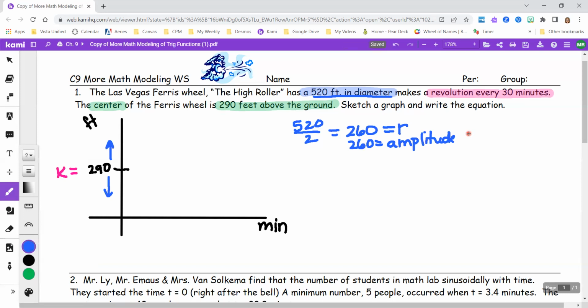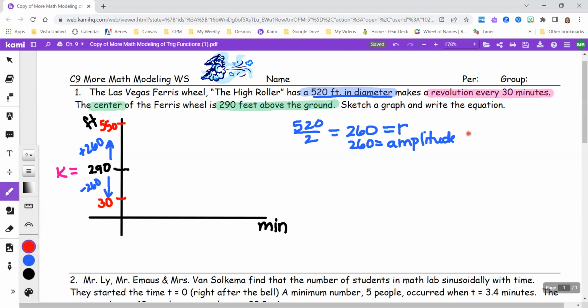So when I go 260 above, I'm adding 260, and my high is going to be up at 550. When I subtract 260, my low is going to be at 30.